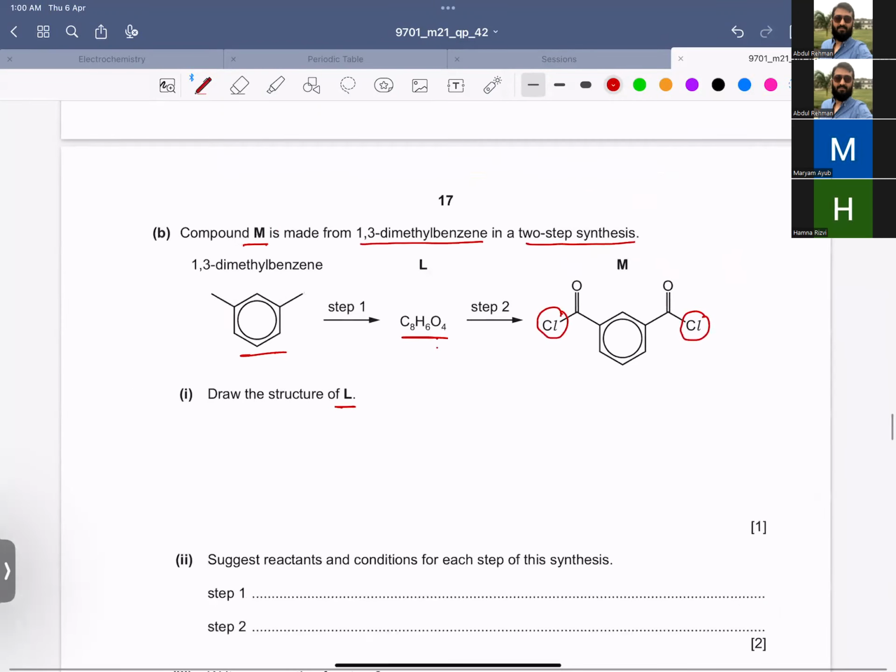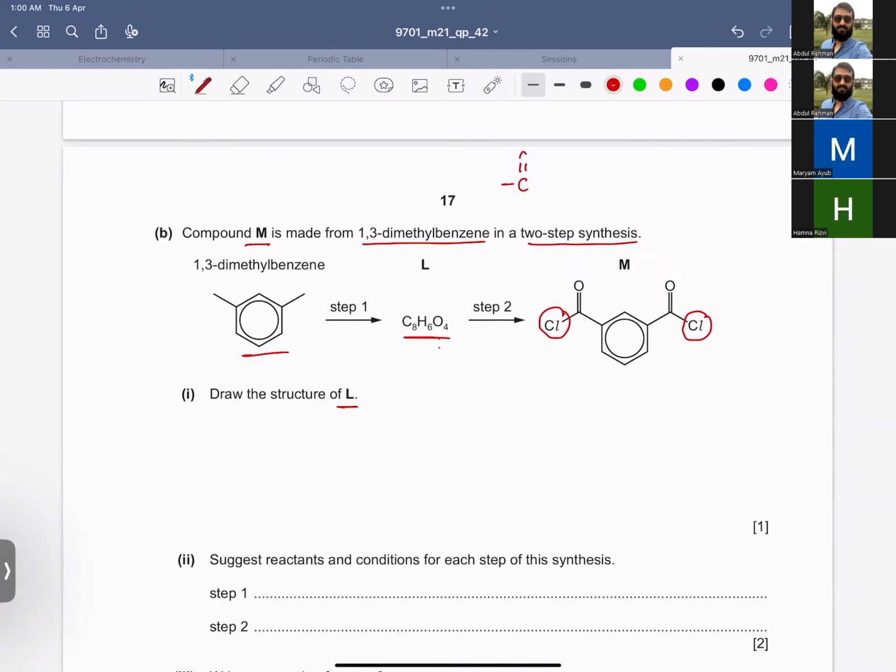Because if you recall, when we have a carboxylic acid and we treat that carboxylic acid with PCl5 at RTP, or SOCl2 at RTP, or PCl3 with heating, the OH is displaced by Cl.